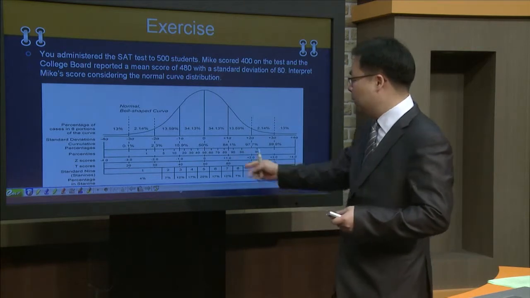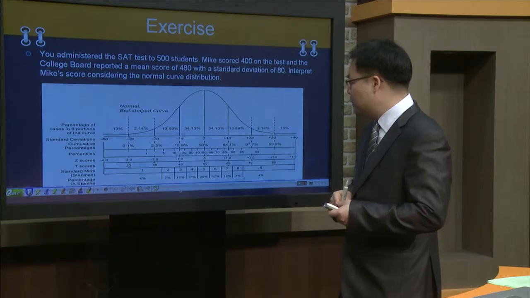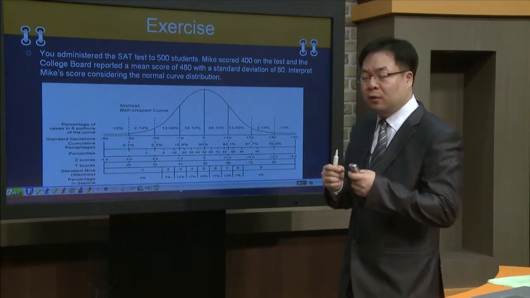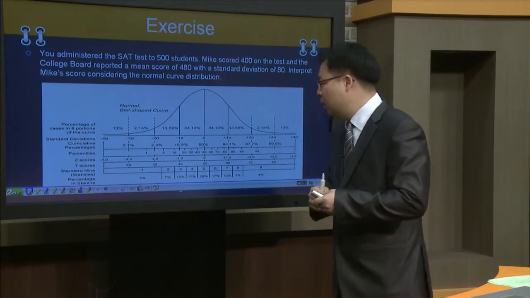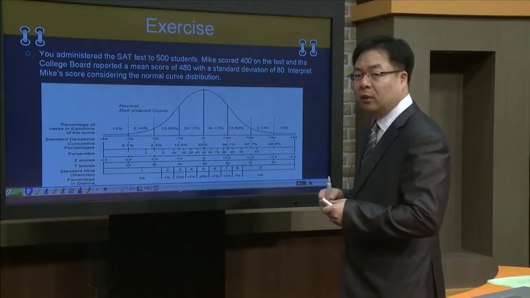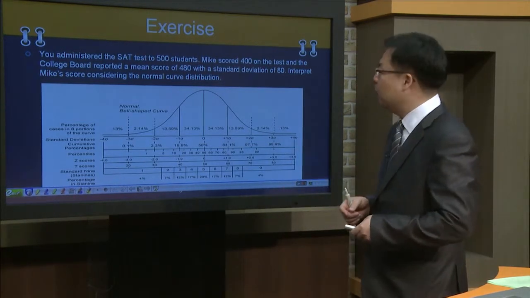For the Z-score, usually the mean is 0 and one standard deviation is 1, and the T-score has 50 as a mean, and also 10 as a standard deviation. So let's take a look again here.